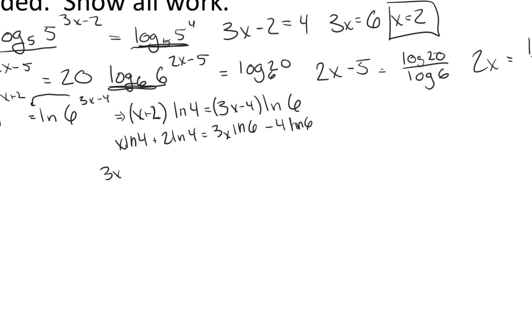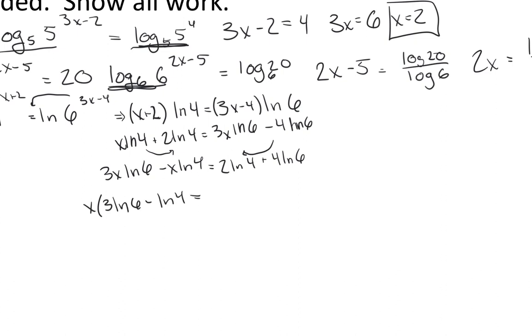So we're going to have 3x ln, move this over, and then move that over. So 3 ln of 6 minus x ln of 4 is equal to 2 ln of 4 plus 4 ln of 6. Take the x out, x times 3 ln of 6 minus ln of 4 is equal to 2 ln of 4 plus 4 ln of 6.